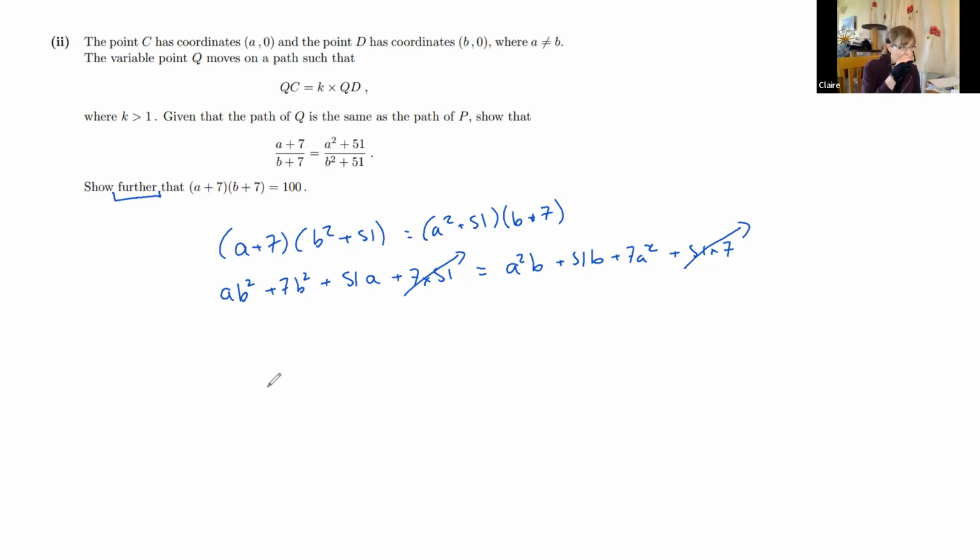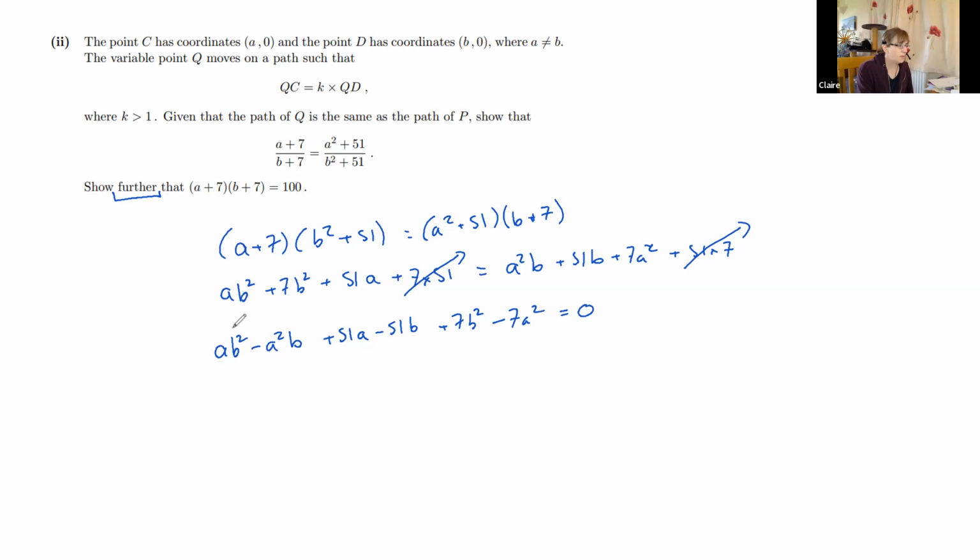Okay, so we probably want to take everything to the same side. So we get AB squared minus A squared B plus 51A minus 51B plus 7B squared minus 7A squared. Okay, I think all my signs are correct there.